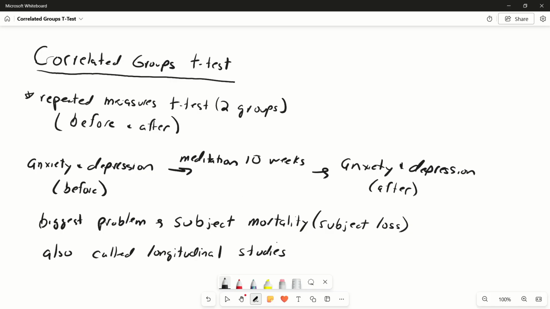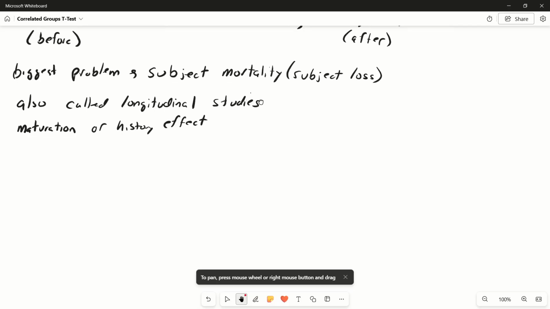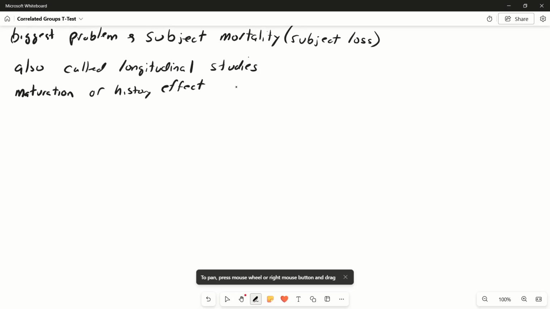You also have things like maturation that play a role, or history effect. If you take research methods, you probably are learning about these things, maturation or history effect, in that things change. So over those 10 weeks, things change, right? Something happens. Maybe you do this meditation study, and then during those 10 weeks, the participant fails a class, or they get fired from their job, or something happens in their personal life.